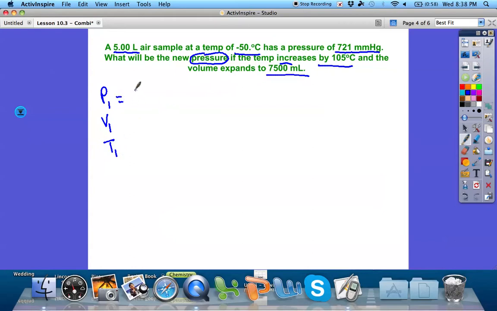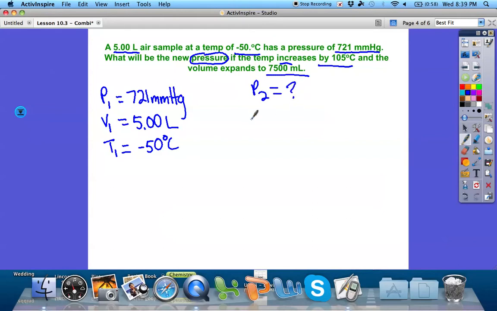So P1 is 721 millimeters of mercury. V1 is 5 liters. And T1 is negative 50 degrees Celsius. P2 is what we are trying to find. V2 is 7,500 milliliters.